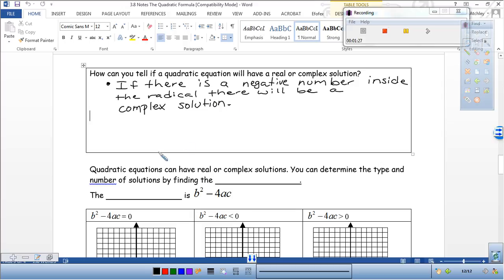Remember, complex just means that there's an imaginary number involved. Any questions over that? We're all good?